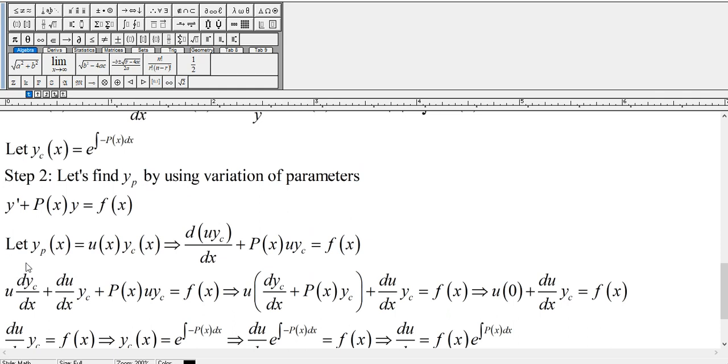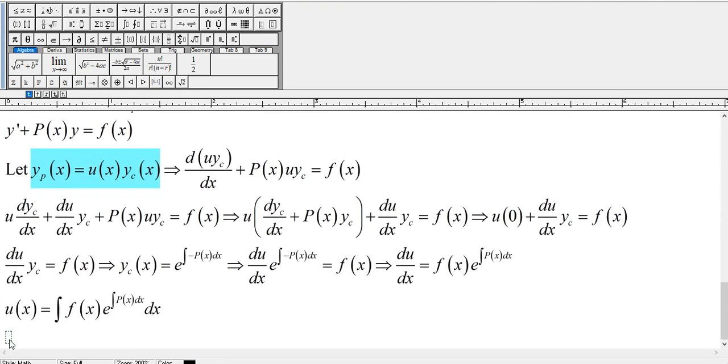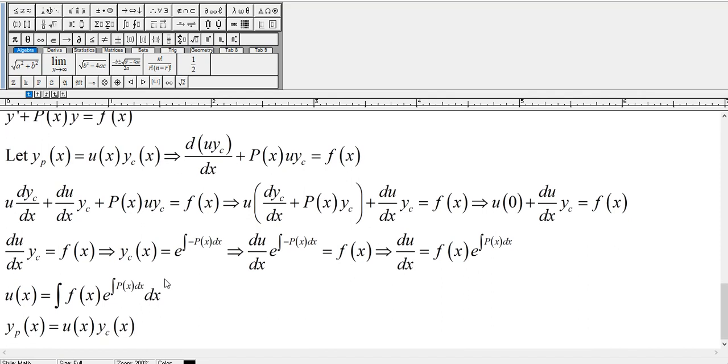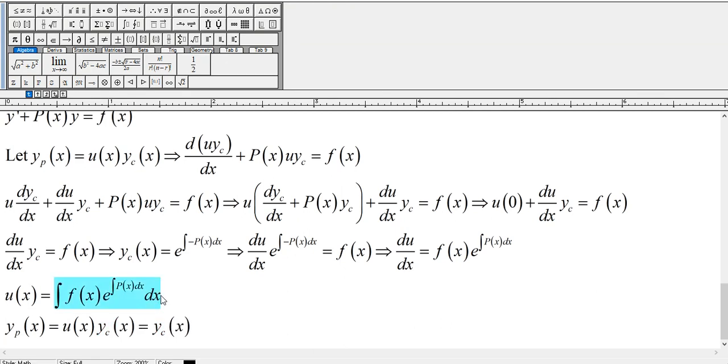And remember what y2 was, or y particular. Y particular equals this u of x times my common solution. So y particular equals this, which happens to equal the common solution, which I already knew, and then this integral.